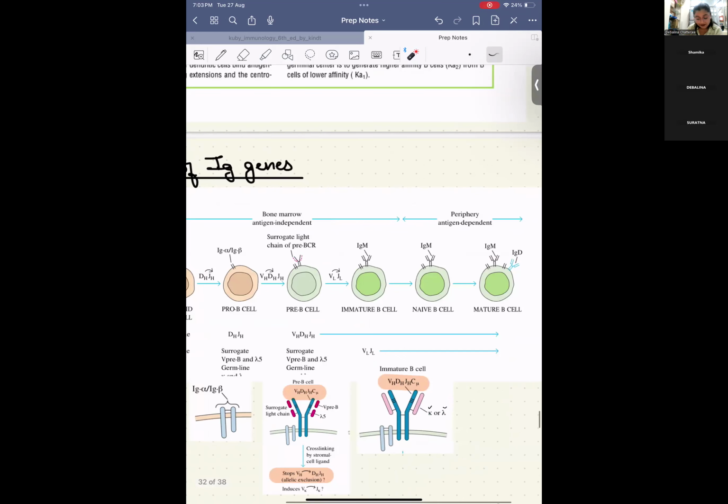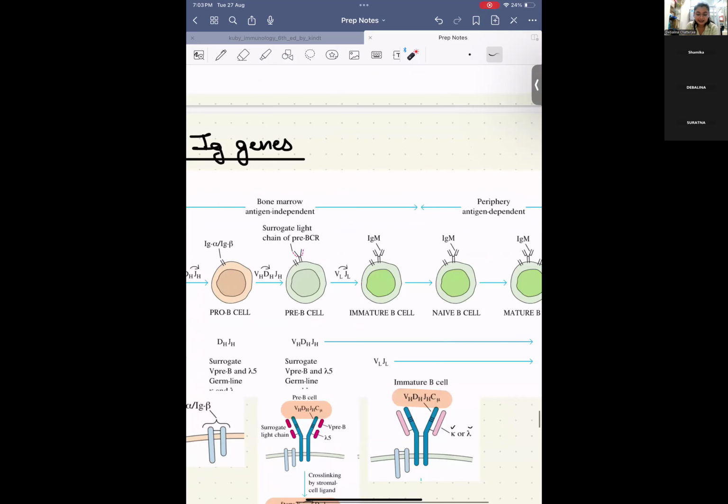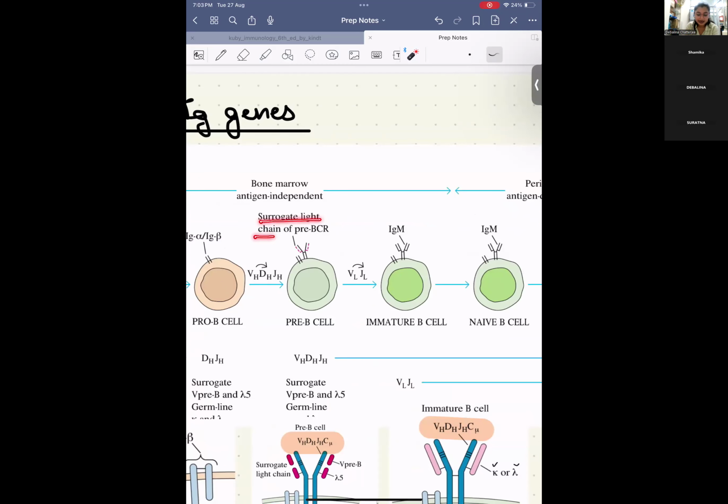Now, during the process of heavy chain assembly, we have something called the surrogate light chain that gets a chance to arrange on this pre-B cell temporarily until the light chain rearrangement happens.